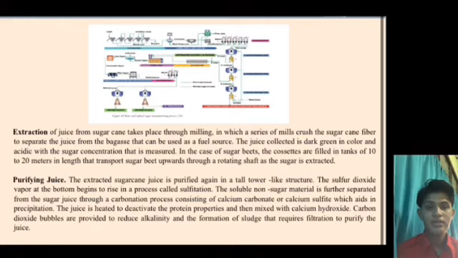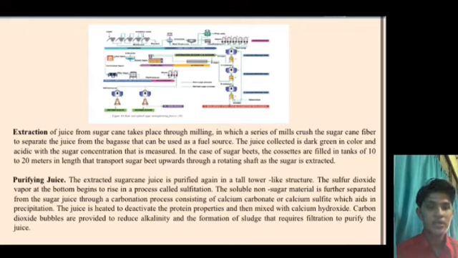Purifying juice. Extracted sugarcane juice is purified again in a tall tower-like structure. The sulfur dioxide vapor at the bottom begins to rise in a process called sulfitation. The soluble non-sugar material is further separated from the sugar juice through a carbonation process consisting of calcium carbonate and calcium sulfite, which aids in precipitation.